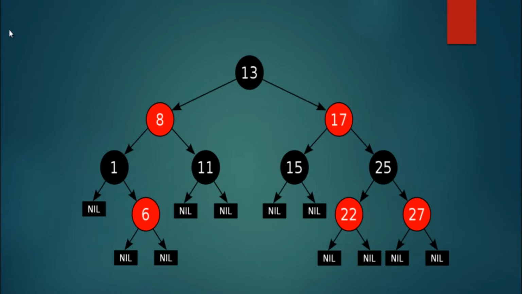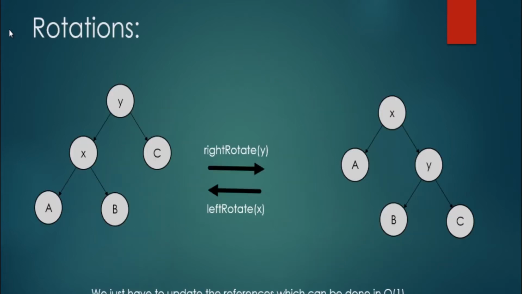Every red node has 2 black children, and that's why we have to use these nils or null pointers, not to violate this property, because if the leaf node is red, then with the help of these nils the red-black properties are not violated, because these nils are black. So every red node has 2 black children. Yes, so this is a typical red-black tree.